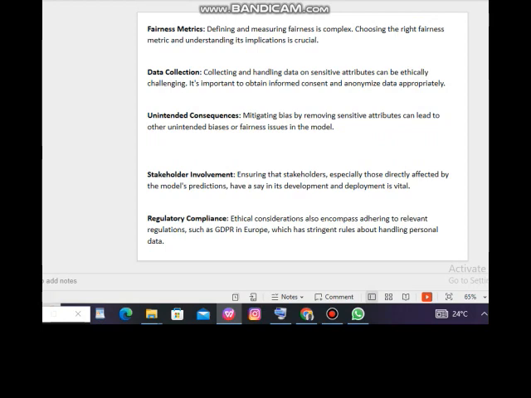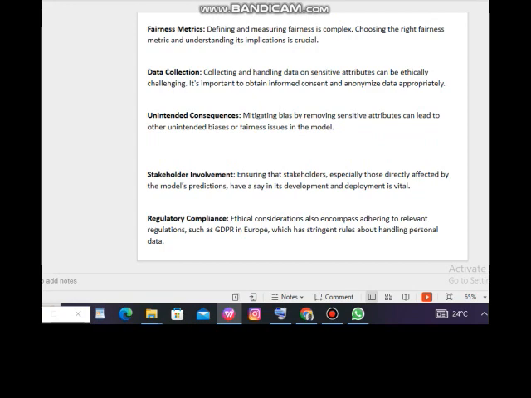Data collection. Collecting and handling data on sensitive attributes can be ethically challenging. It's important to obtain informed consent and anonymize data appropriately. Unintended consequences. Mitigating bias by removing sensitive attributes can lead to other unintended biases or fairness issues in the model. Stakeholder involvement.